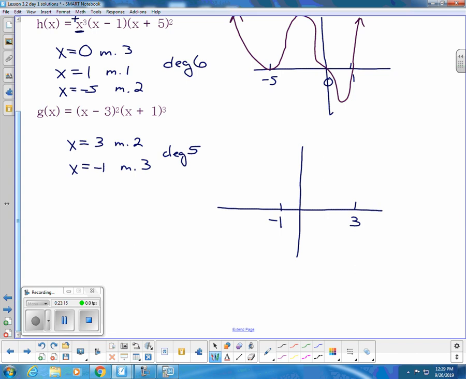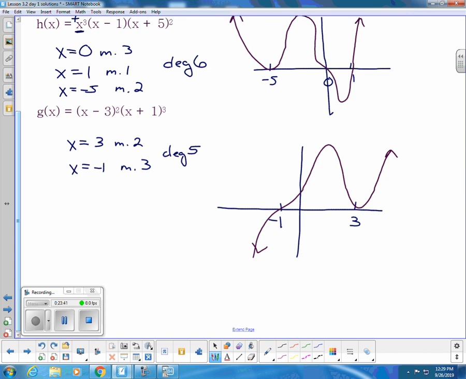So our first zero is -1. Is that a bounce, a jog, or a cross? When I say jog, I mean inflection point. So is it an inflection point or is it just a simple cross? This guy, jog. And this guy's going to be a bounce. So we're going to jog and bounce.